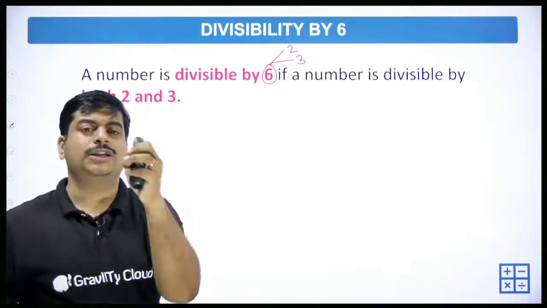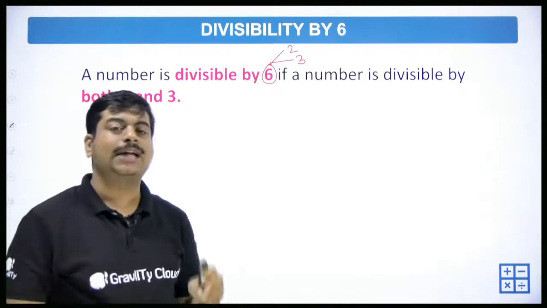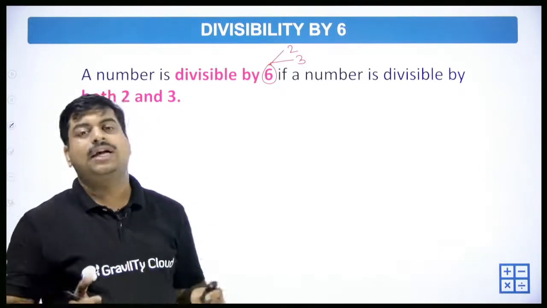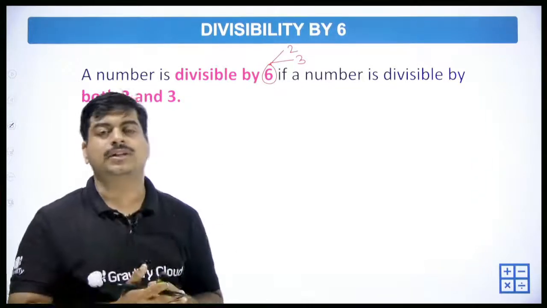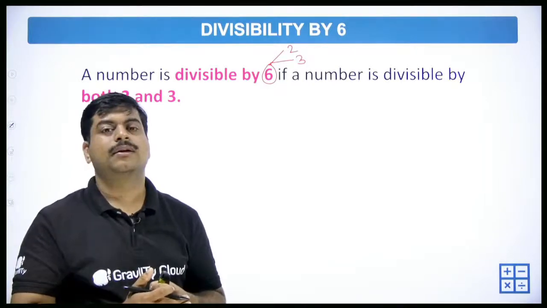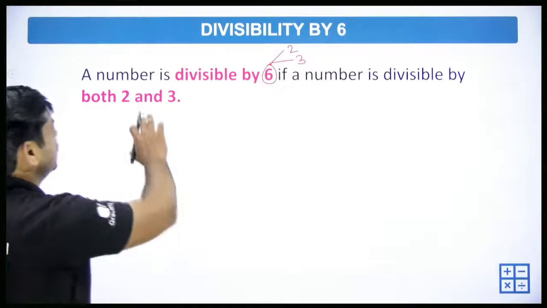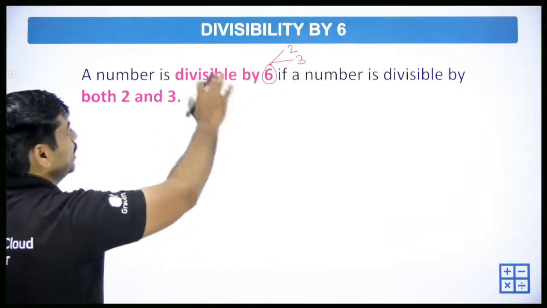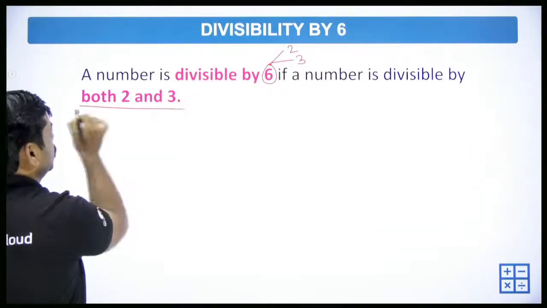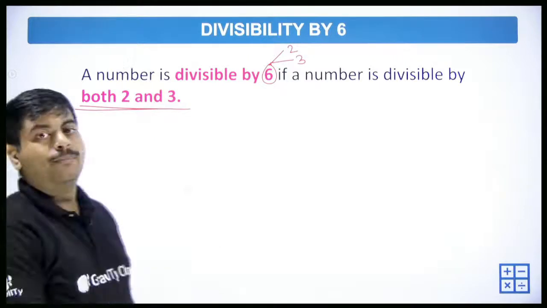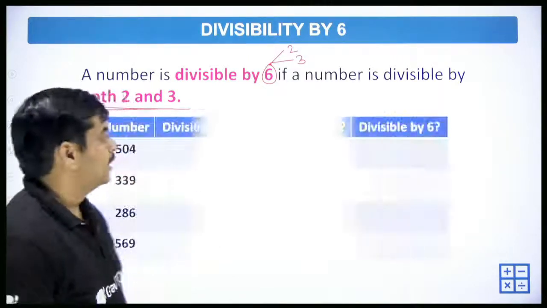So the only logic for 6 is it should be divisible by 2 and 3, and we know that for 2 it is an even number, for 3 the sum of the digits should be divisible by 3. So a number is divisible by 6 if it is divisible by both 2 and 3, correct? So let's move ahead.